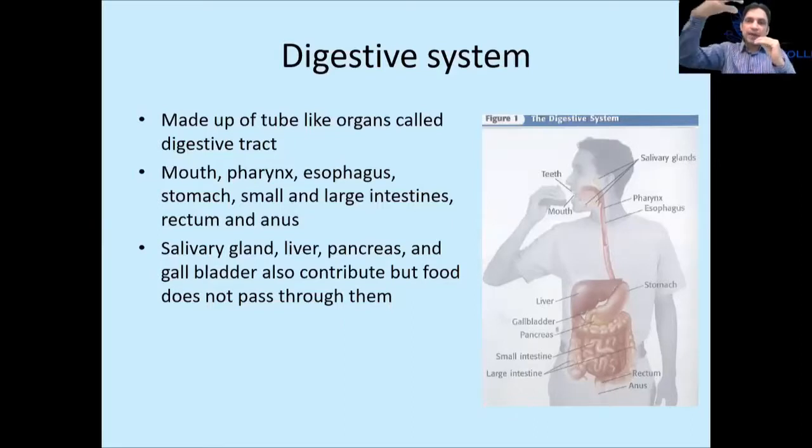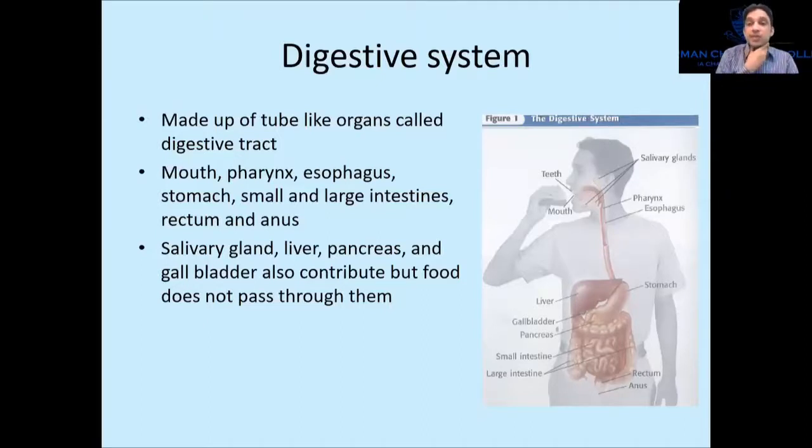When the food enters into the pharynx, the epiglottis protects, ये मैंने पहले बताया हुआ, सिर्फ repeat कर रहा हूँ. The epiglottis protects the food and the water from entering into the trachea. So it should slip down into the food pipe.